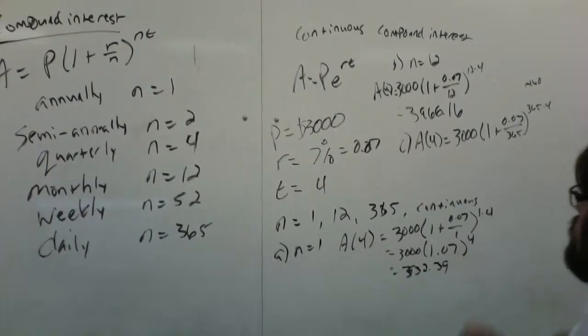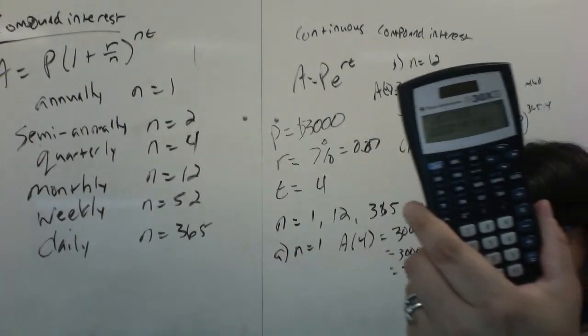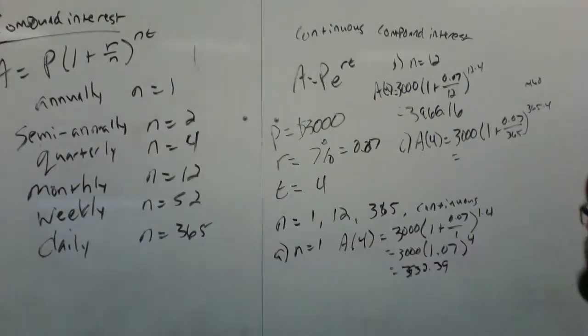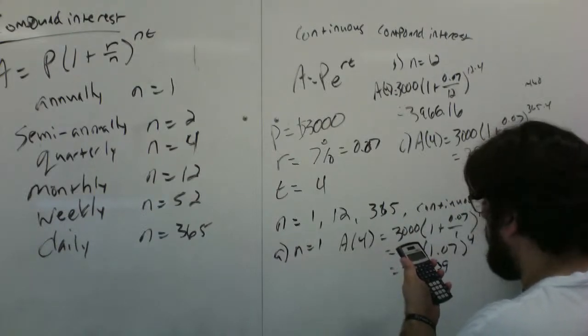Again, I'm going to do these one step at a time. 0.07 divided by 365, and I get this decimal right here. Now I'm going to add that to 1 and raise that to this exponent, 1460. Then I'm going to take that number, multiply it by 3,000, and I get 3,969.28.